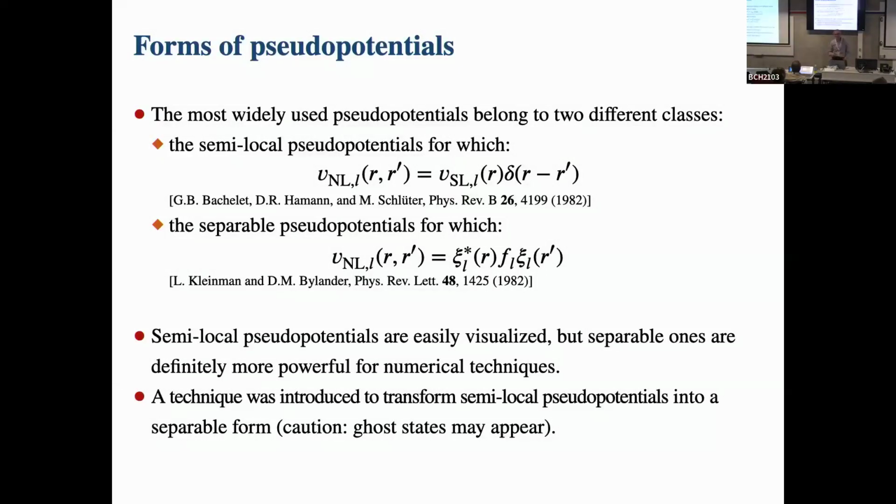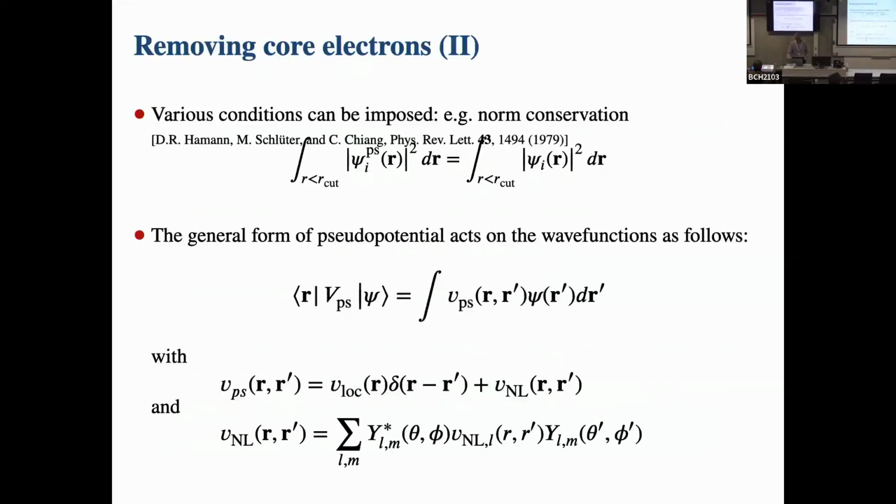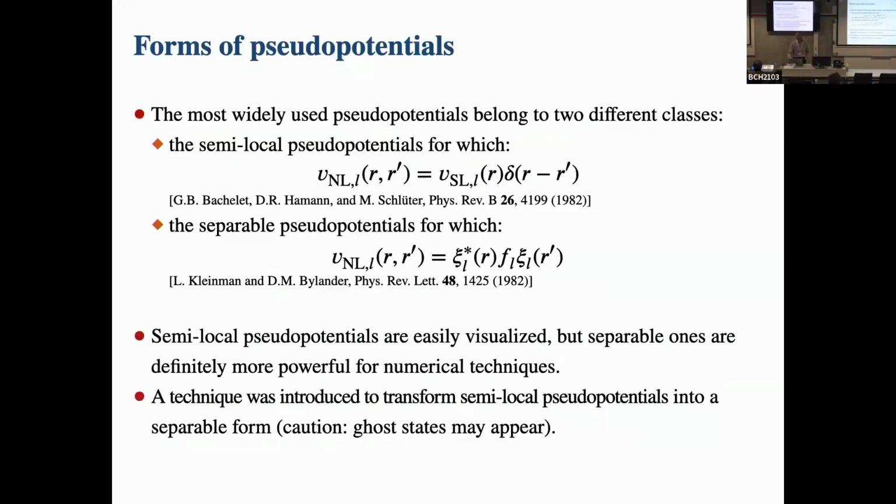So the non-local part can be written in two different ways. One, the kernel that I was showing in my previous slide, so this kernel here, can be written in two ways. One is called the semi-local form, in which you replace the r prime dependence by a semi-local part times the delta, and a separable form in which you write that this potential is simply a product of two functions, each of which depends on one of the two variables.